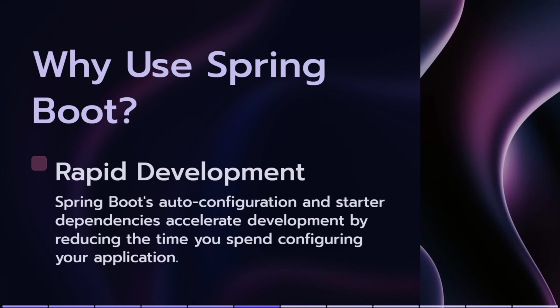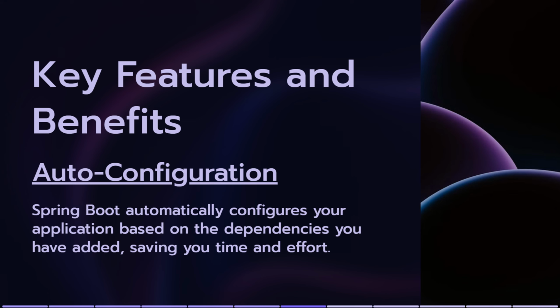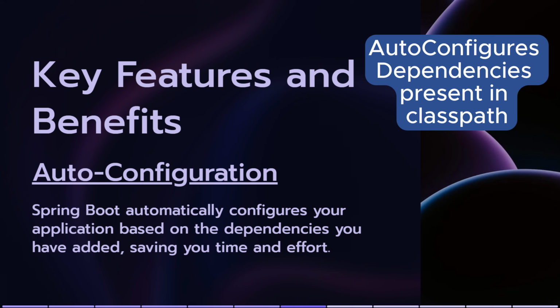Now let us explore how Spring Boot facilitates rapid development through its auto configuration and starter dependencies. Spring Boot is known for its quick development process by allowing developers to focus on business logic implementation. Spring Boot's auto configuration feature analyzes your project's class path and automatically configures your application based on the libraries and dependencies it finds.